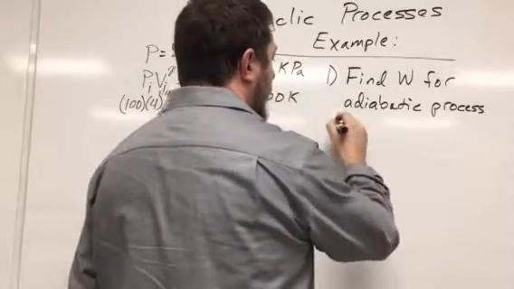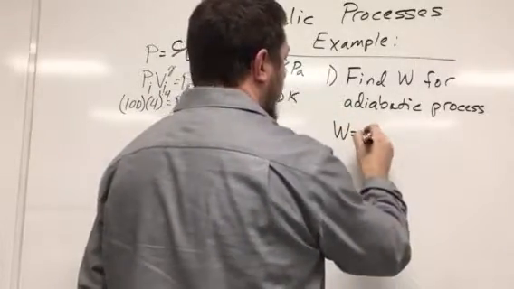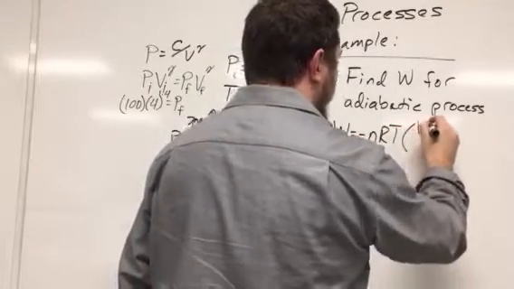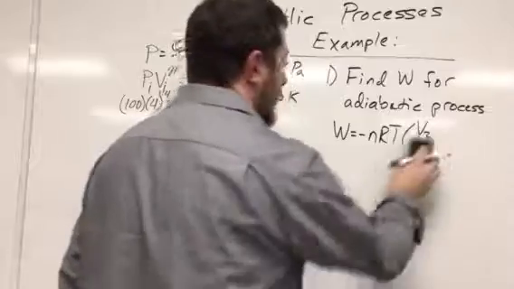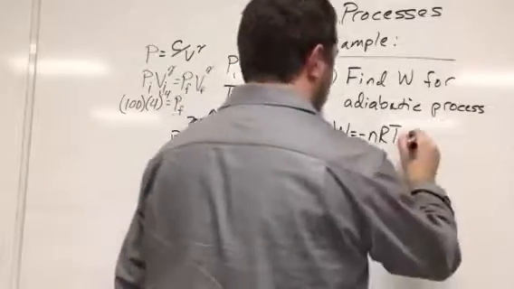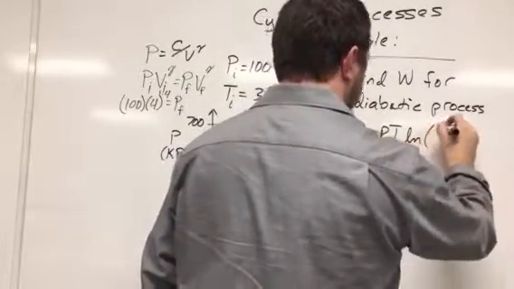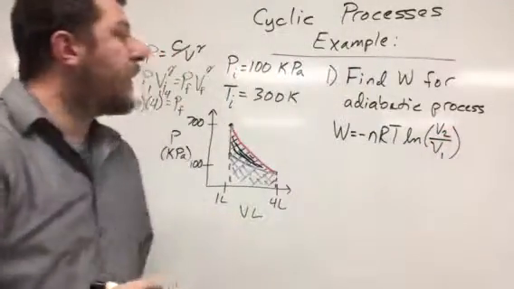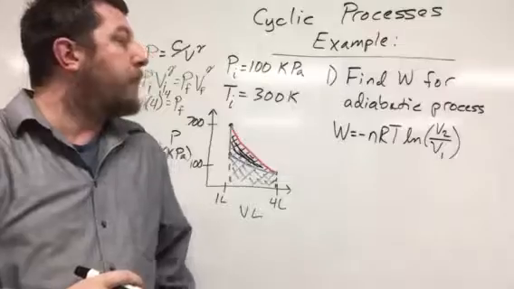And if you recall, the work under an isotherm is negative nRT times the logarithm of V2 over V1.